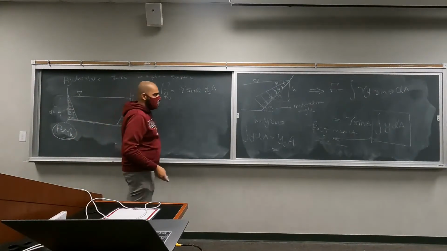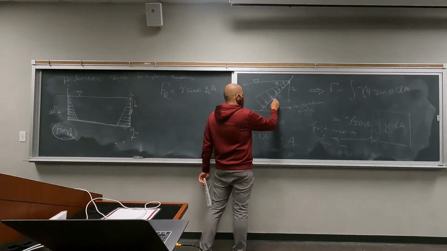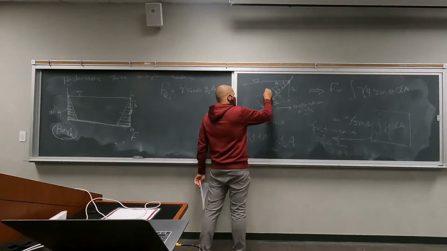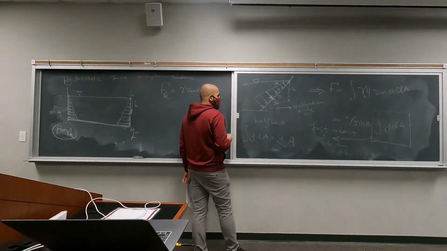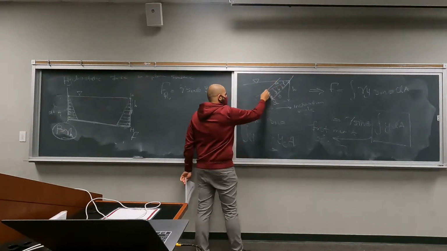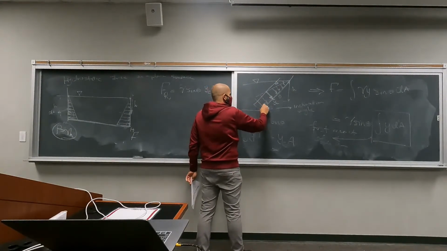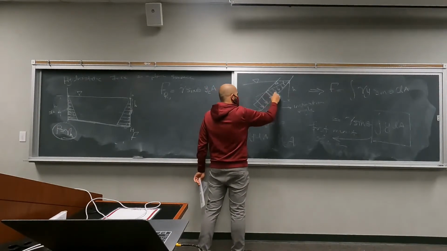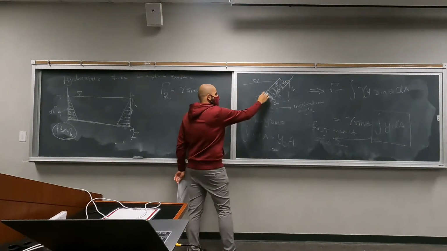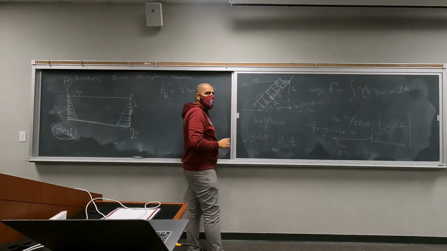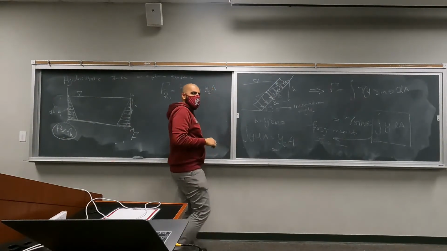Let's say your centroid is here, and the pressure that is being applied here is this much. We are simplifying things by assuming that the pressure at each point is the same as the pressure being applied to that centroid, right? We are making things a little simpler.